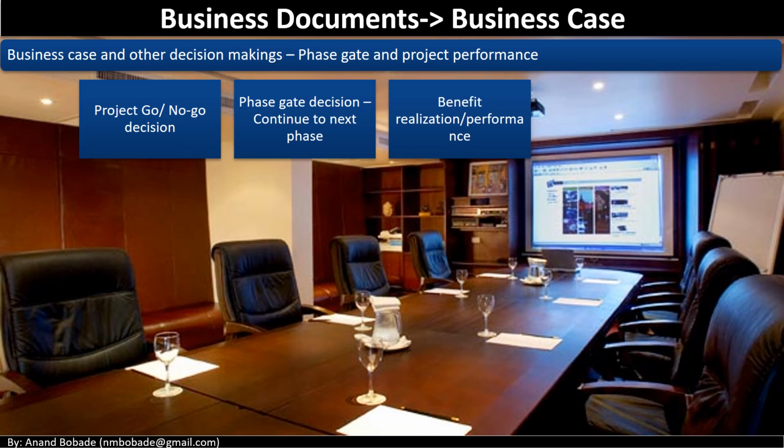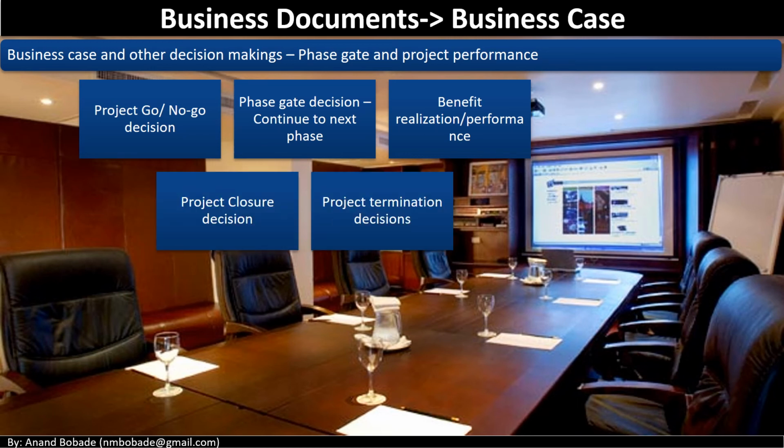There will always be disagreement between various stakeholders in terms of benefit realization and performance, so there should be criteria which help you decide this. Project closure decision, project termination decision. All these are various decisions that will also be taken by higher management based on the organization's processes.